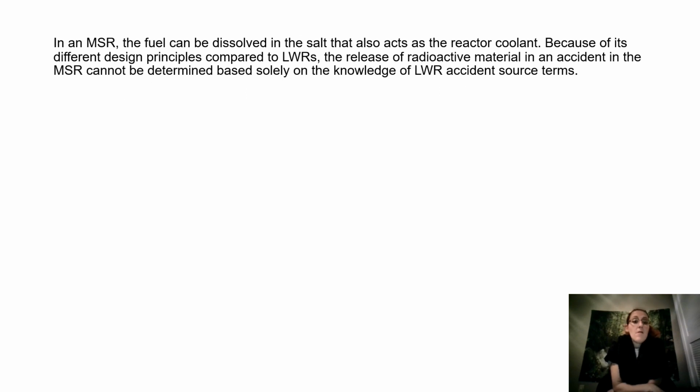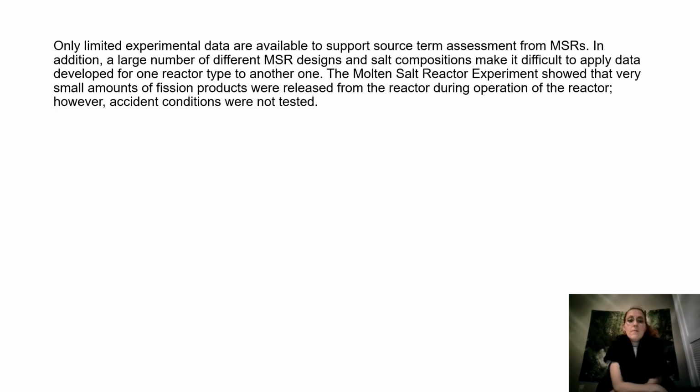In an MSR, the fuel can be dissolved in the salt that also acts as the reactor coolant. Because of its different design principles compared to light water reactors, the release of radioactive material in an accident in the molten salt reactor cannot be determined based solely on the knowledge of light water reactor accident source terms.